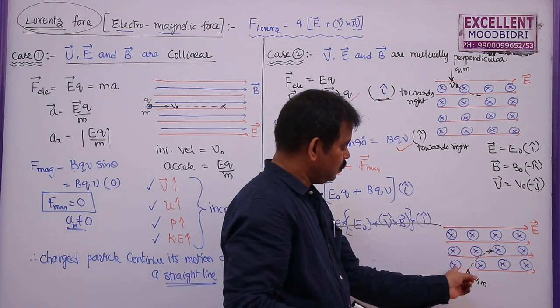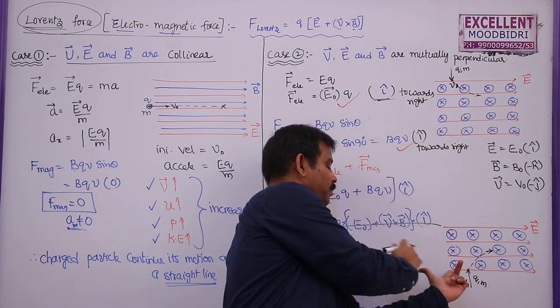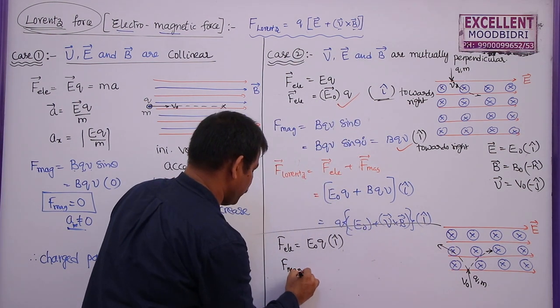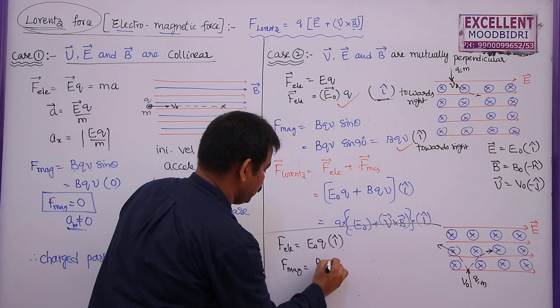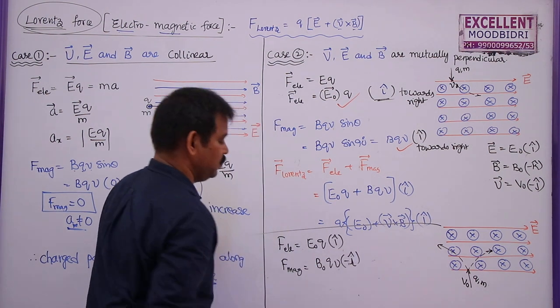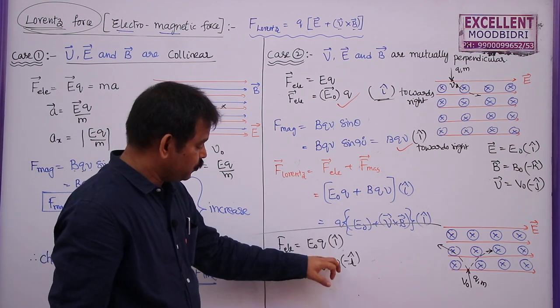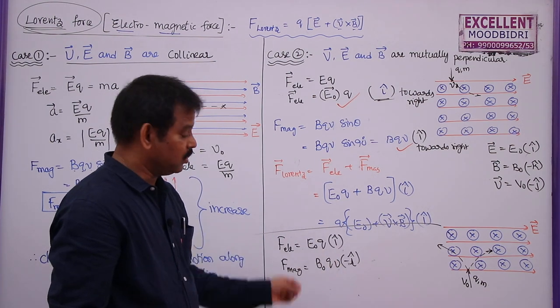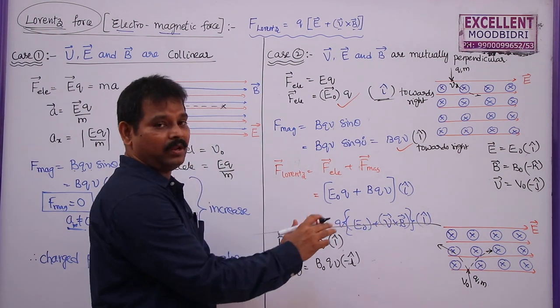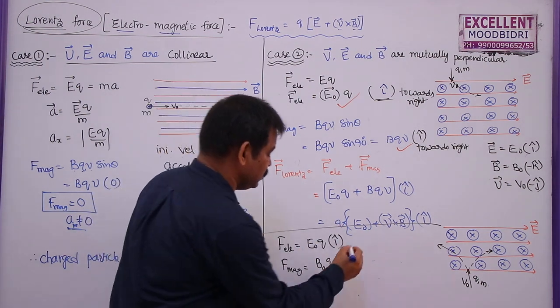Field is into the board, charge is moving upwards. The magnetic force will be in this direction. So the magnetic force is given by B naught QV, that is minus I cap. Now you can see these two fields are acting in opposite direction. Let us say if the electric force as well as magnetic force are equal in magnitude, that is the another case here.